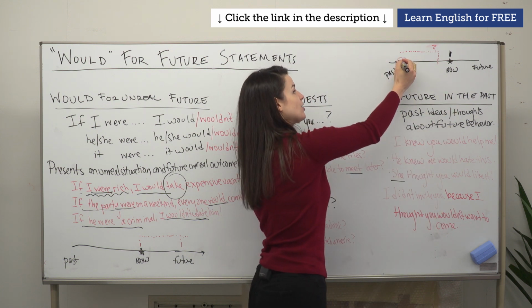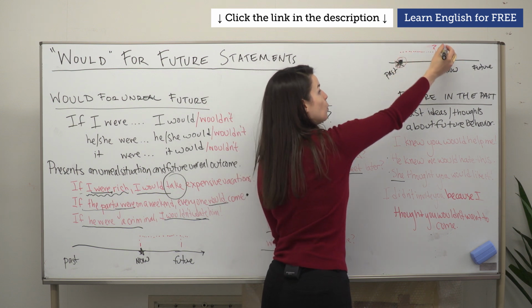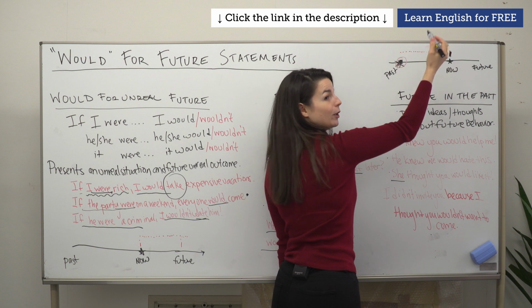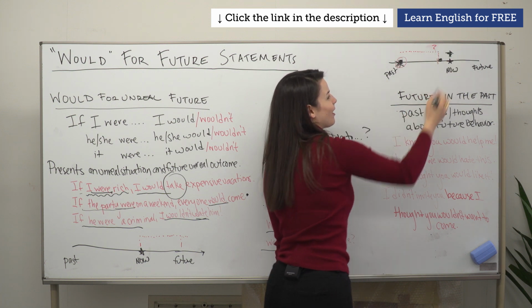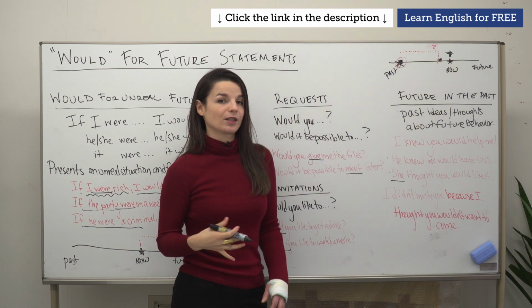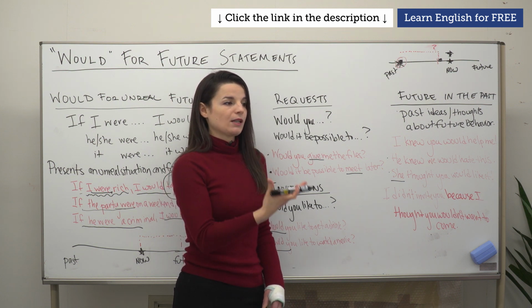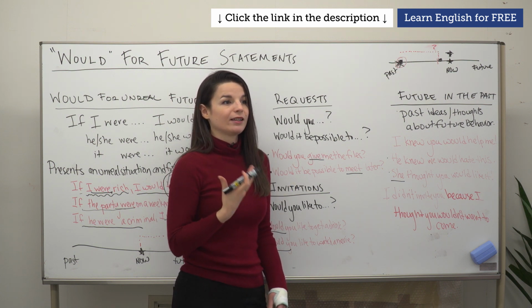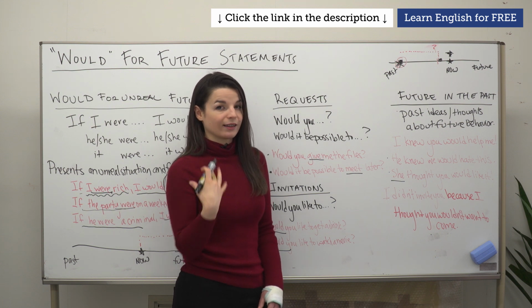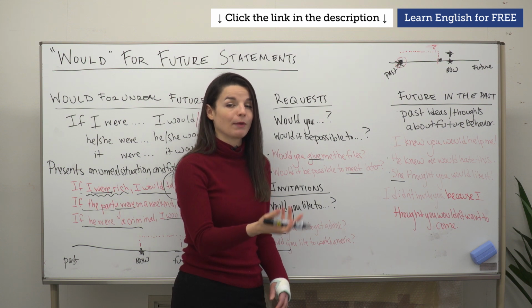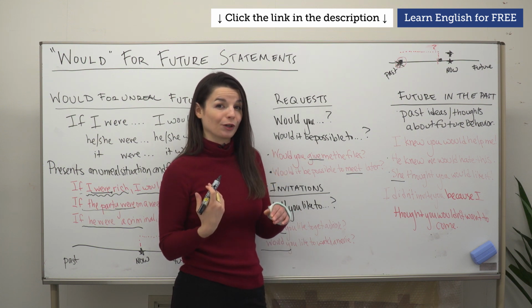So in the past, she thought you would in the future like it. And did you like it or not? We don't know. But the conversation is happening now. So she thought you would like it. He thought you would like it. Meaning the speaker, or rather the person who made the decision, thought that the listener would enjoy something in the future. But that future point is before now.